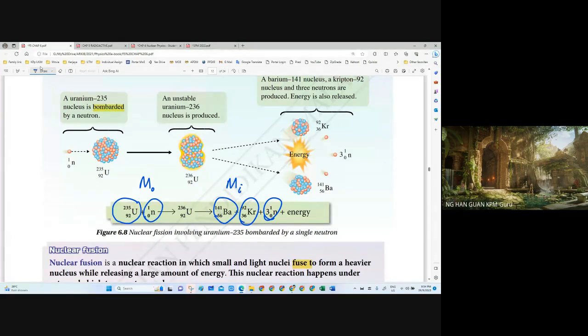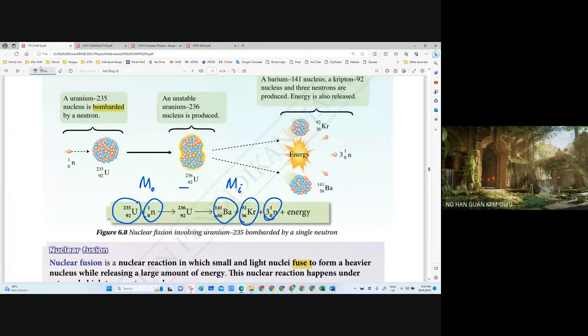So when we subtract, we notice there is a loss of mass. It means the total mass that we have after the nuclear reaction process is less, so we have mass loss. And this loss of mass, we call it mass defect.